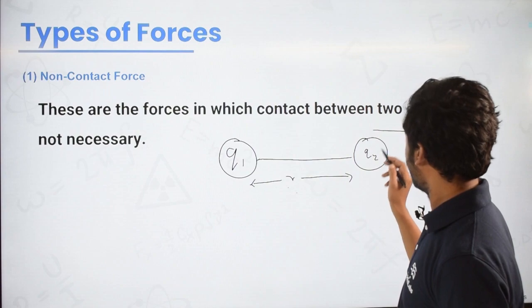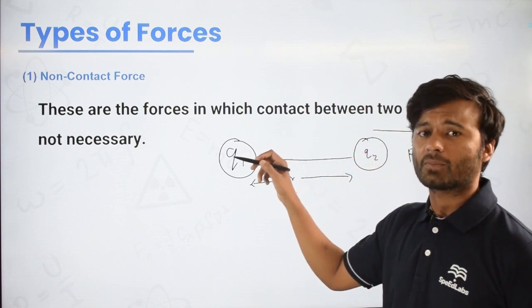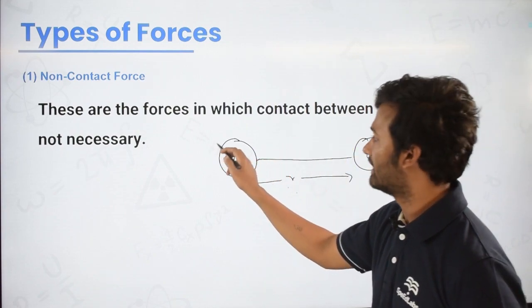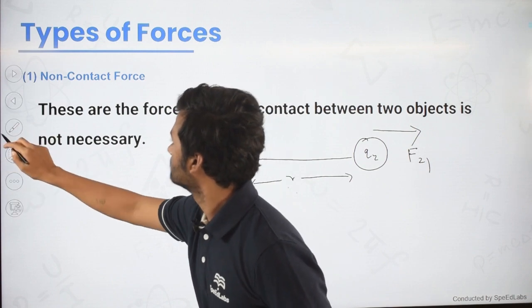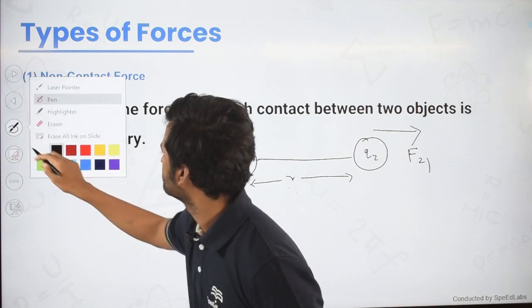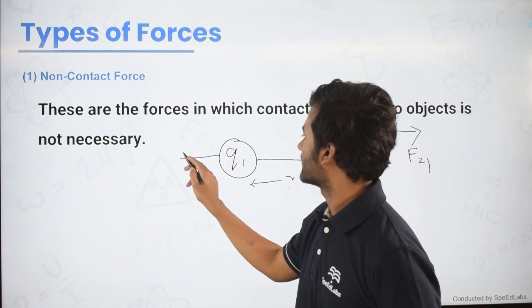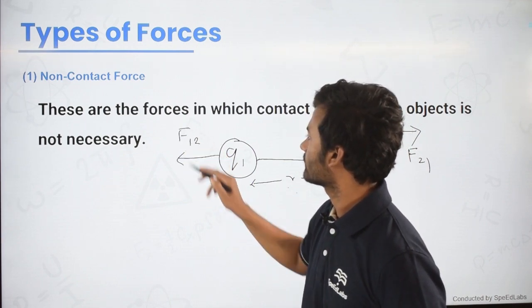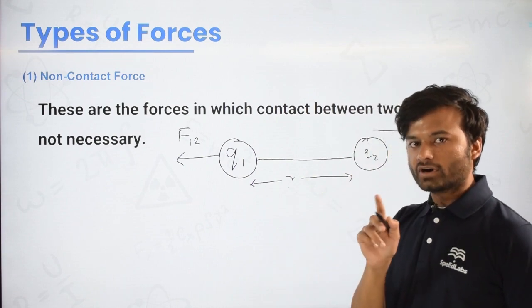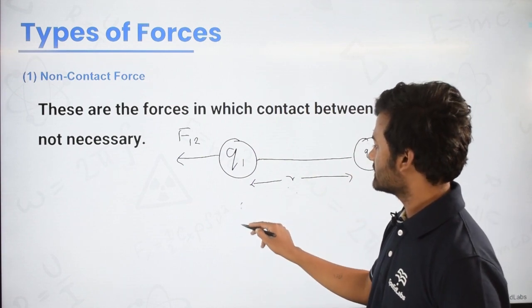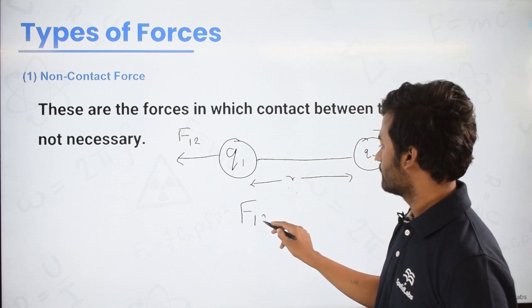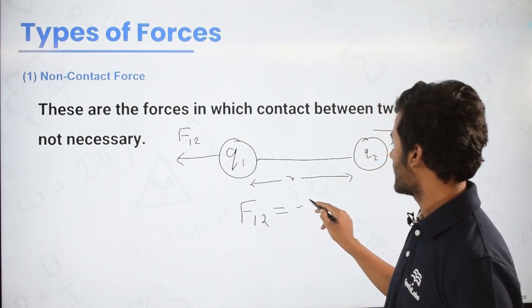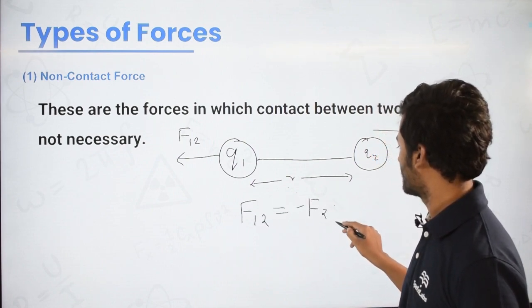So the Q2 charge will apply some force on Q1 in this direction, and consider this as F12. The important point here is that F12 is always equal to minus F21.